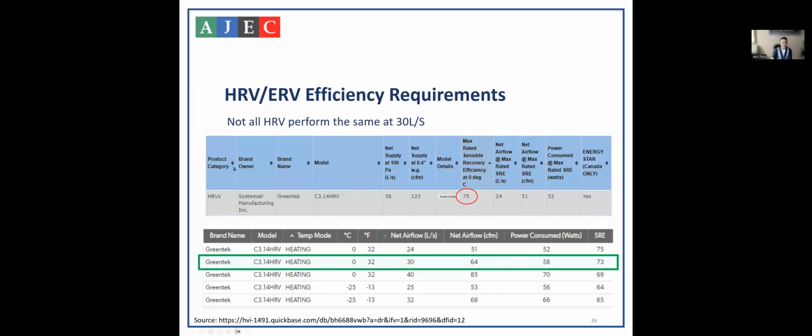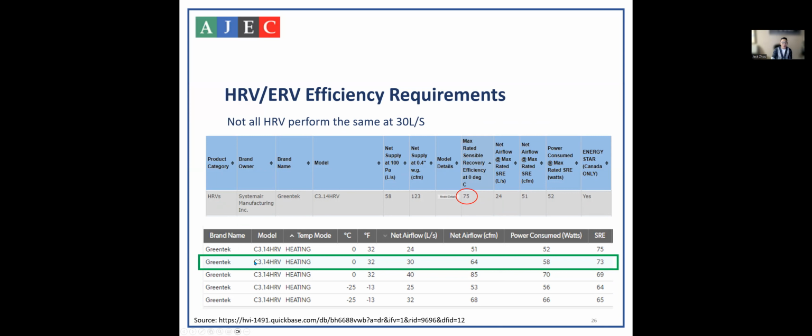But sometimes you can see it in the category, so make sure you check the efficiency of your HRV before you buy it. If you were to buy this particular model, the brochure would say, oh, great, it's at 75%. This rating is at 75%. Oh, it must be compliant.